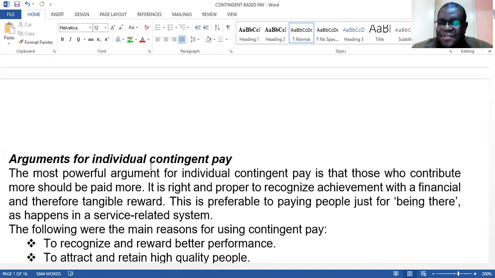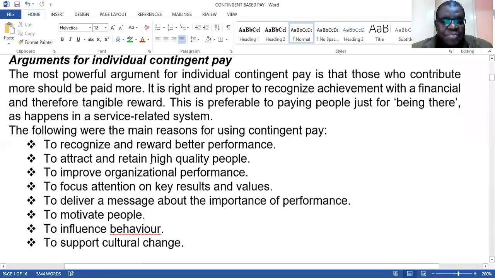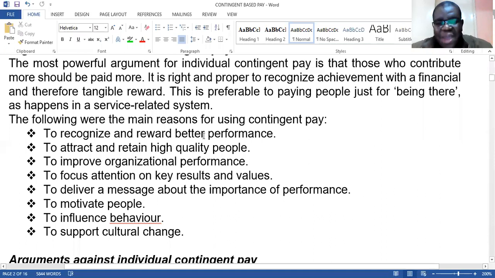Several arguments have been advanced for the rollout of individual contingent-based pay schemes. We are able to recognize and reward better performance.